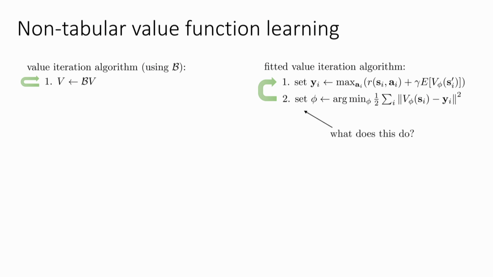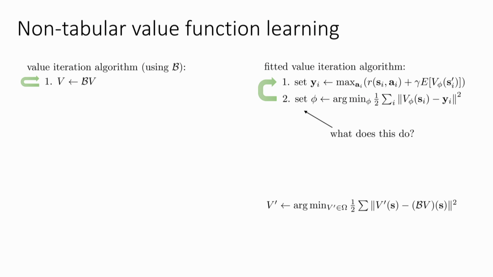So let's talk about that second step. That's the new thing, this argmin. What is this argmin doing? One way that we can view the argmin is as an operator that finds a value function in some set of value functions omega that minimizes the difference between the value function you're finding and the backed up version of the previous value function.